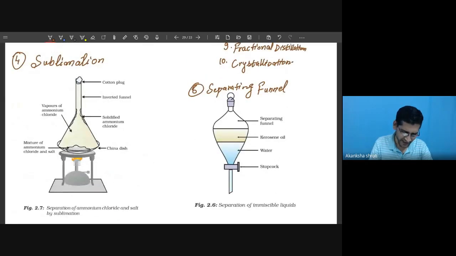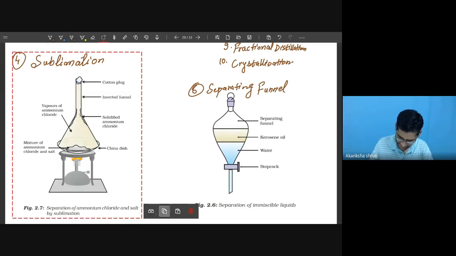Sublimation is a process in which, if a substance is heated, it gets converted to vapor without going to liquid. That is called sublimation.